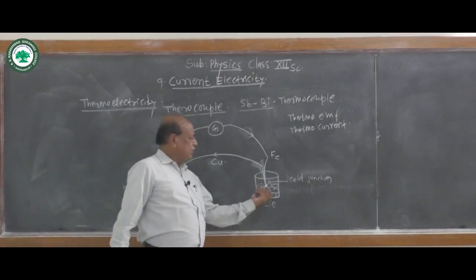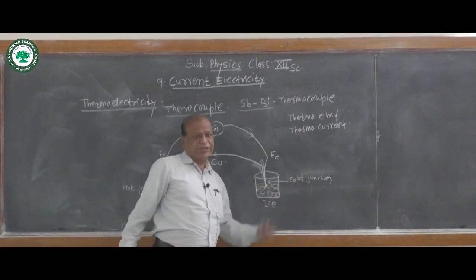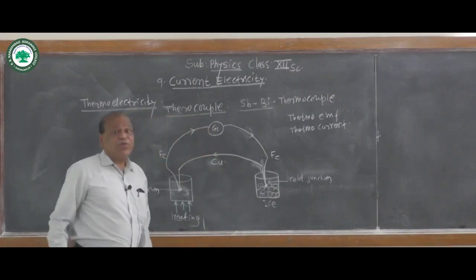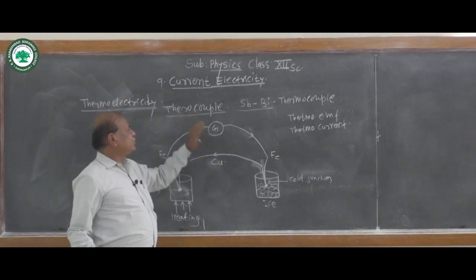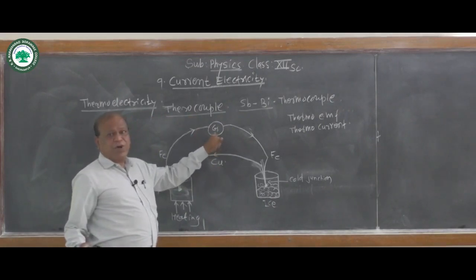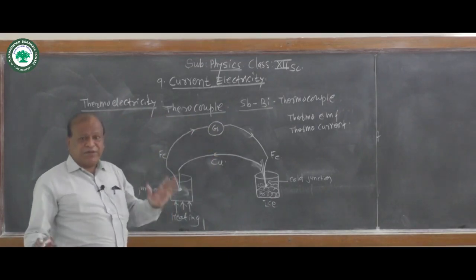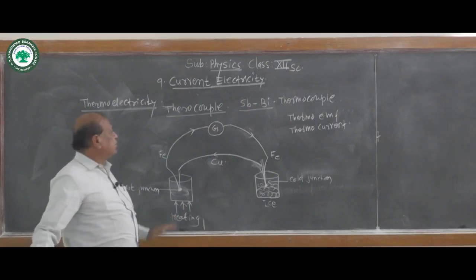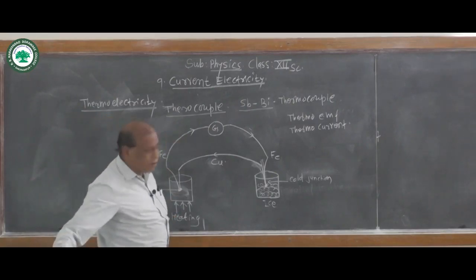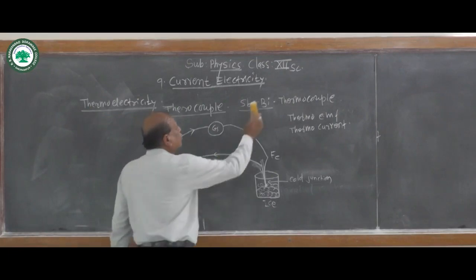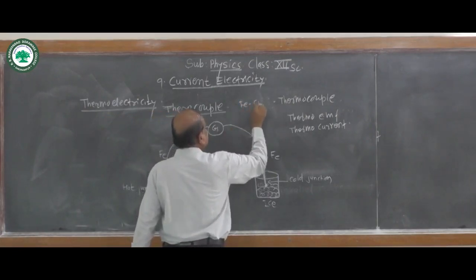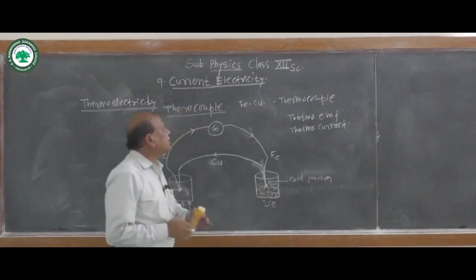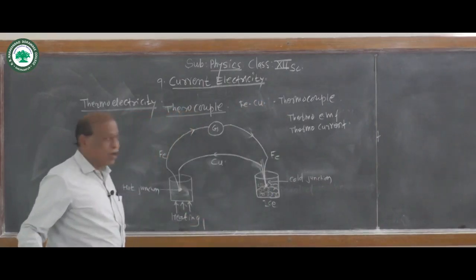Due to ice, this junction becomes a cold junction, and thermo EMF is generated through this circuit, which is shown by the galvanometer getting deflected. This is the example of the iron copper thermocouple.